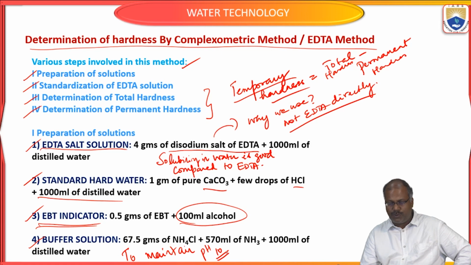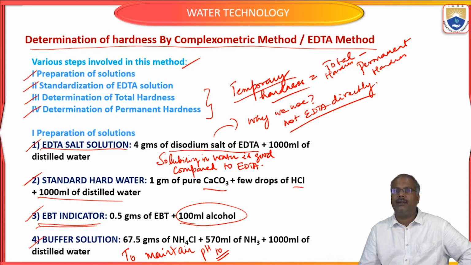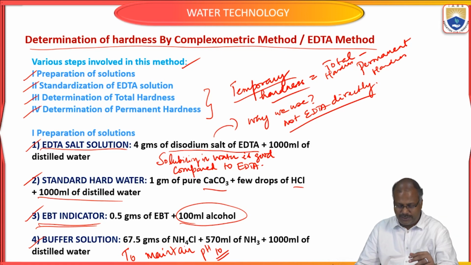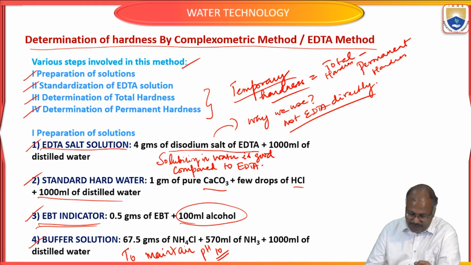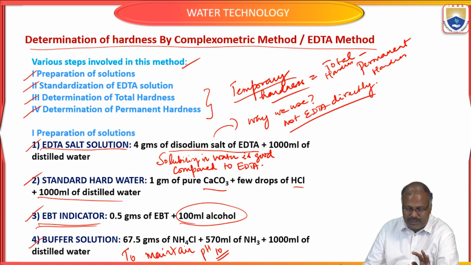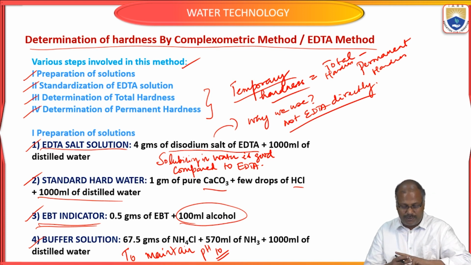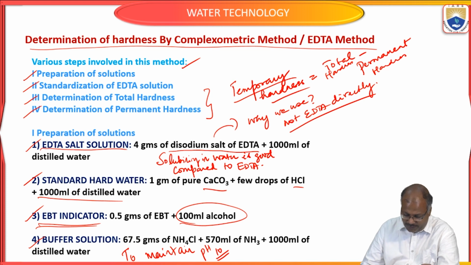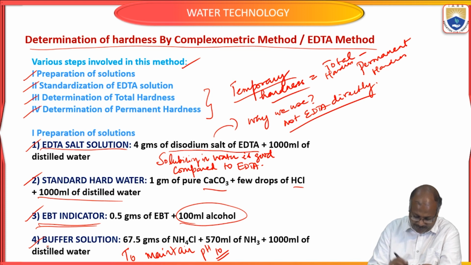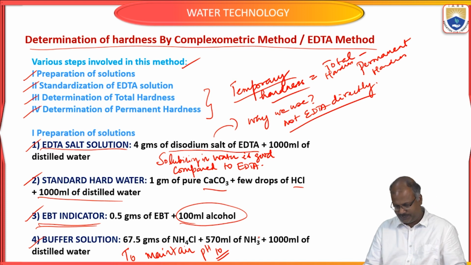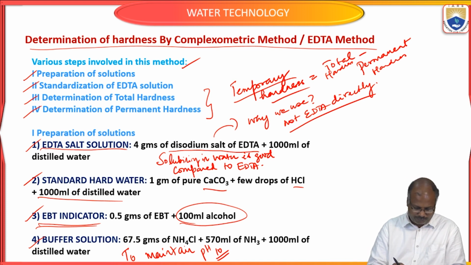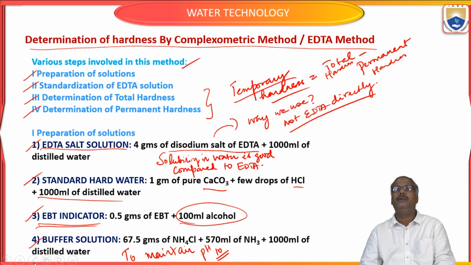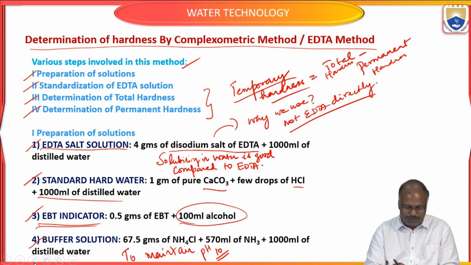At this pH only, this wine red color formation is there. So we have to maintain this pH 10 throughout this experiment, throughout this titration, for different stages, different steps. So we need to add buffer solution, which is ammonia, ammonium chloride buffer solution. So this is with respect to preparation of solutions.